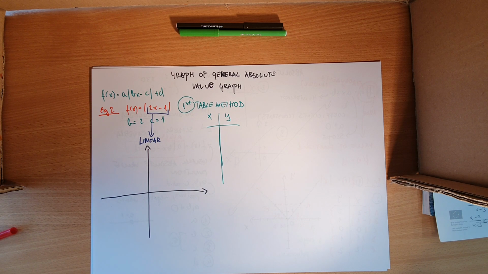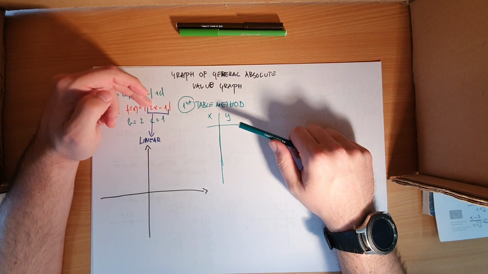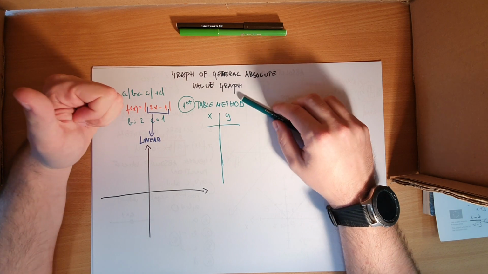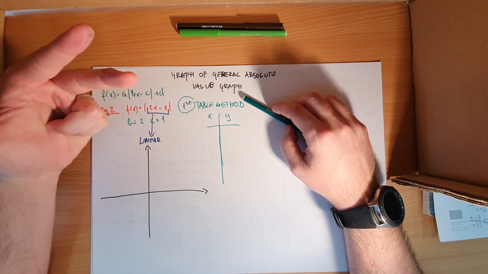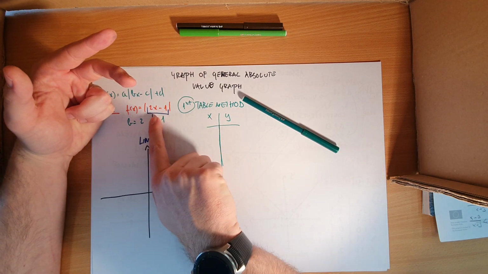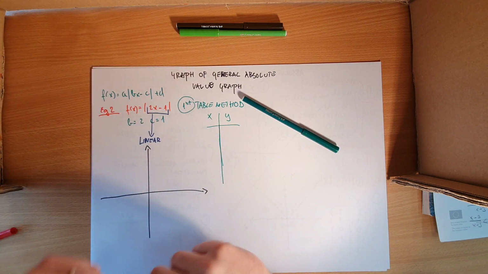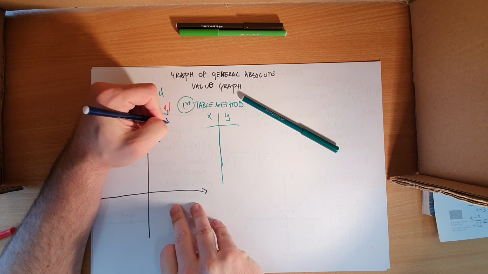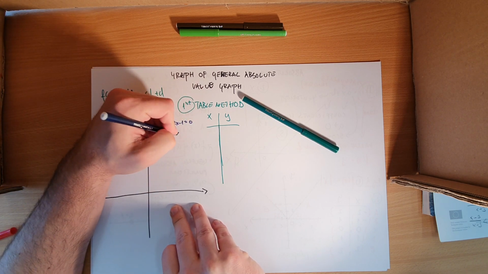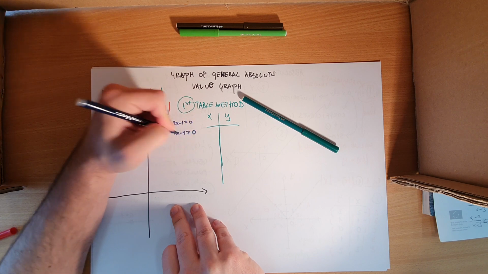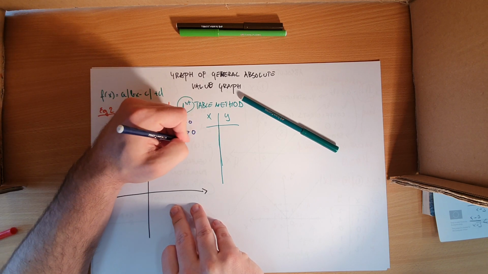Now, the thing you want to think about is that inside of the absolute value, you want to have positive, negative, and neutral values. This means that 2x minus 1 equal to 0, 2x minus 1 greater than 0, and 2x minus 1 less than 0.